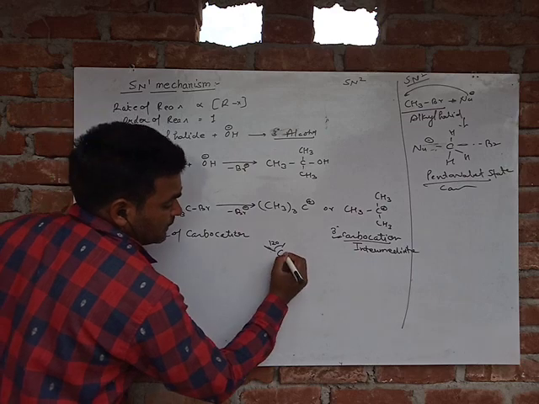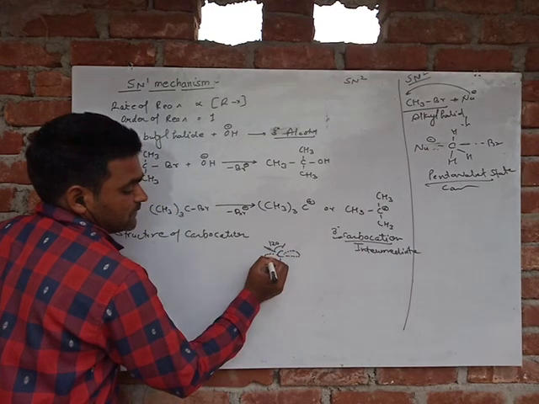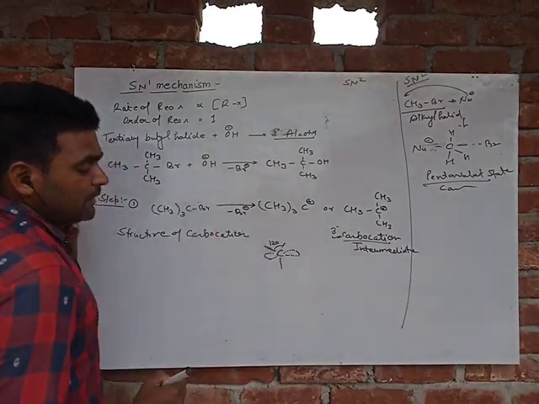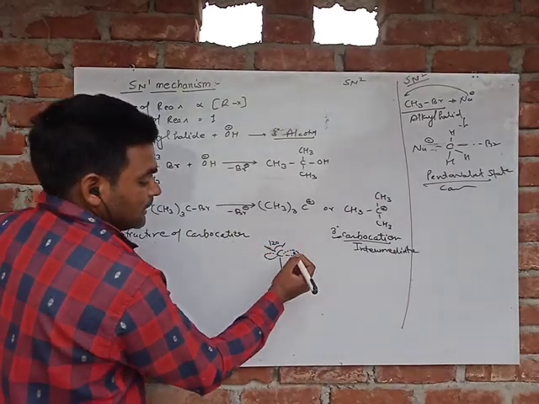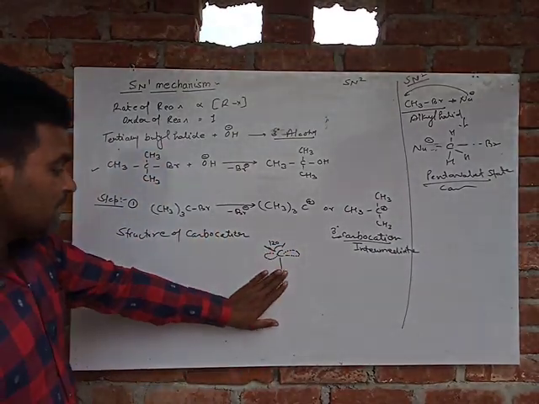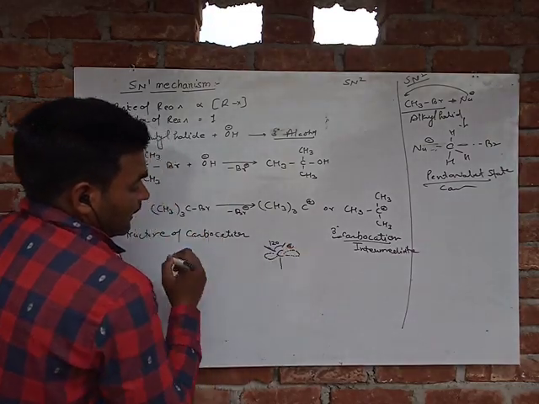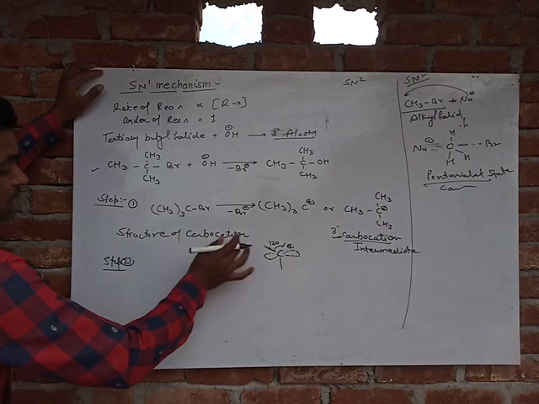So the unhybridized p orbital is found perpendicular to the plane of the carbon atom. Here we see the structure of carbocation, and the second step is explained by this structure.